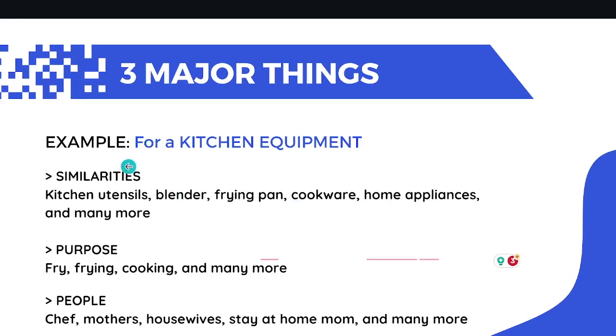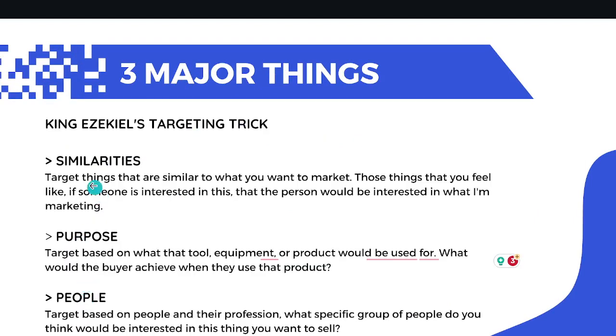So remember 3 major things: similarities, purpose, and people. And like I said, you can go back to check it out. For similarities, that means you're targeting things that are similar to what you want to market.